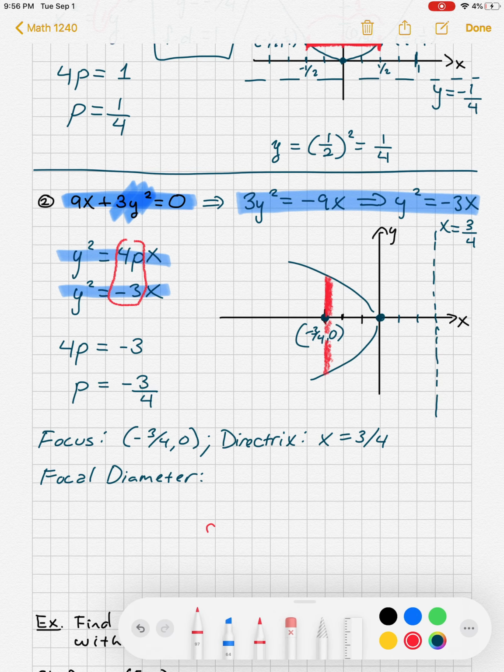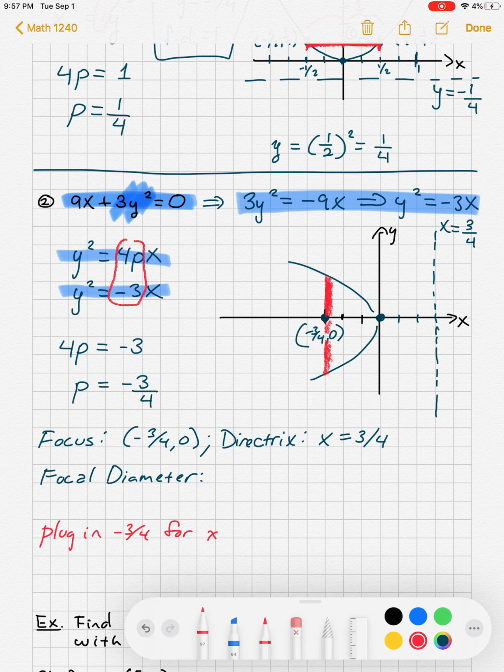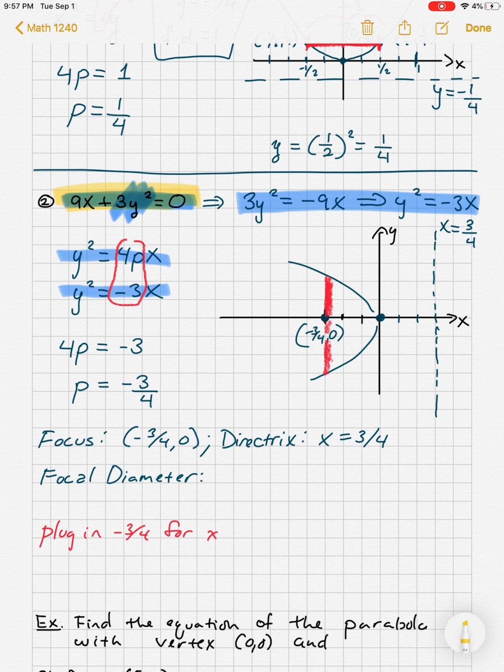Let me go back up and write something. Plug in -3/4 for x. You could use either equation, this one or this one.